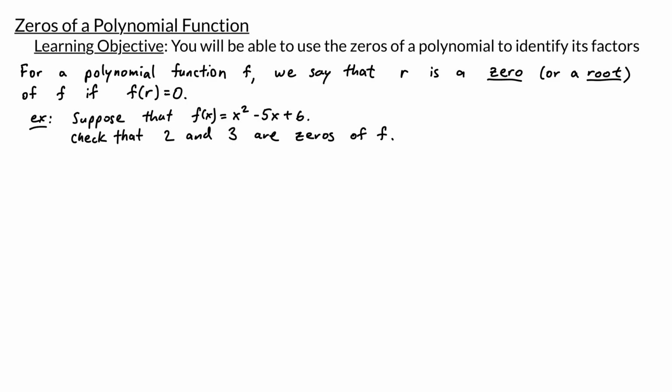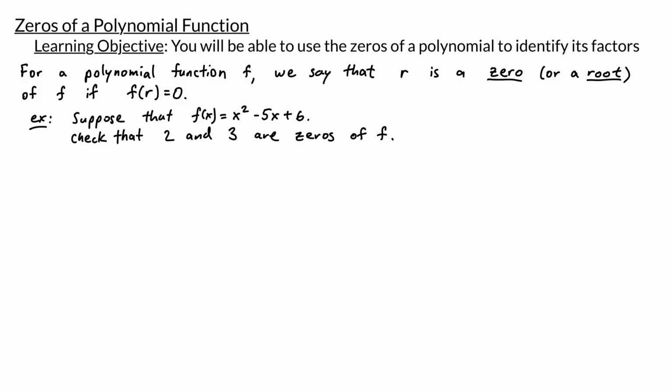Here we're looking at the function defined by f of x equals x squared minus 5x plus 6. We're asked to check that 2 and 3 are zeros or roots of our function f. To confirm that these numbers are zeros of our function, all we have to do is plug them into our function and see if the output is equal to 0.